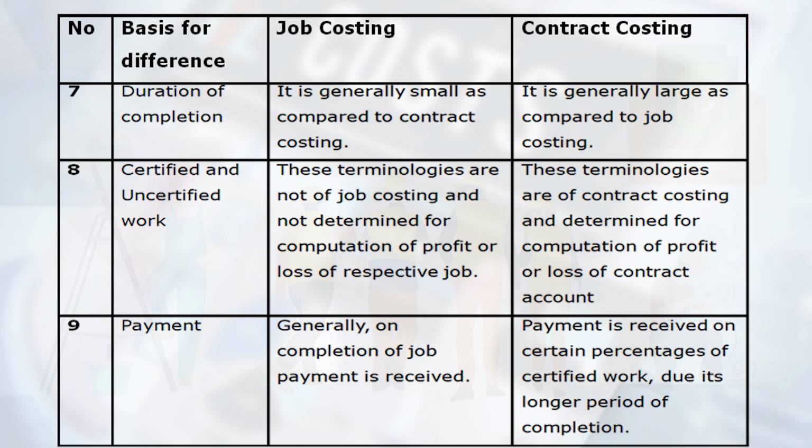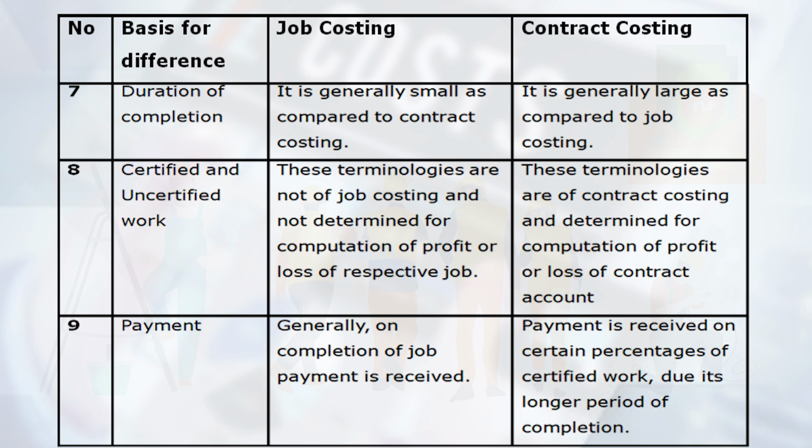Next point of difference is certified and uncertified work. In case of job costing, these terminologies are not of job costing and not determined for computation of profit or loss of respective job, whereas in case of contract costing, these terminologies are of contract costing and determined for computation of profit or loss of contract account.